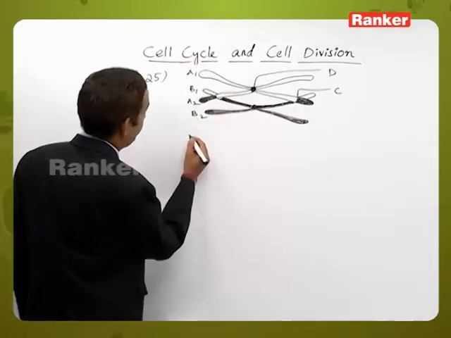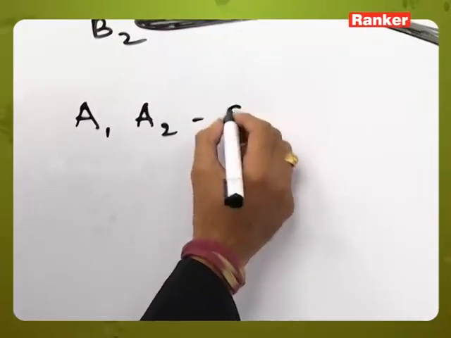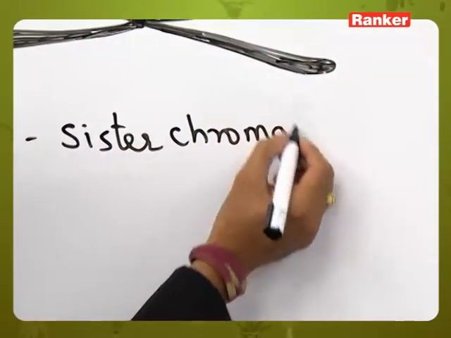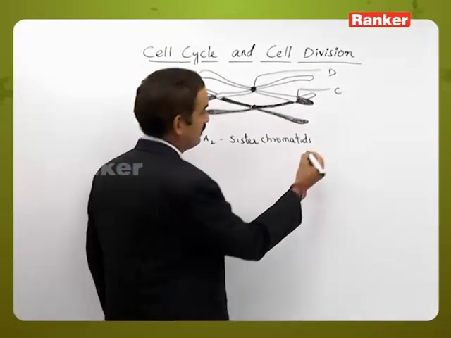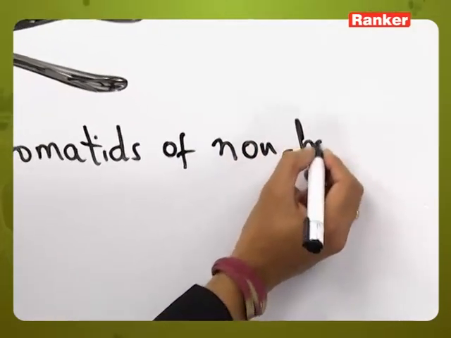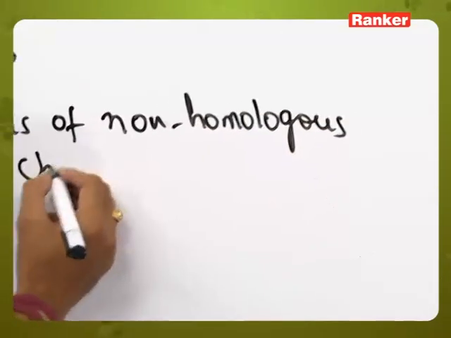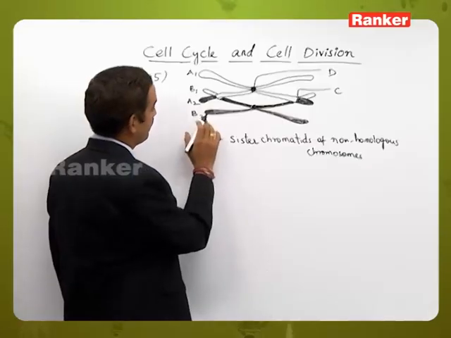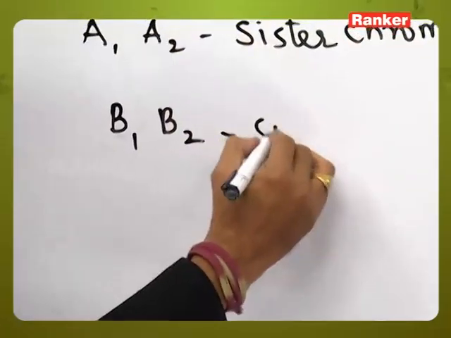That means here A1 and A2 are the sister chromatids of non-homologous chromosomes. Here B1 and B2 are also the sister chromatids.